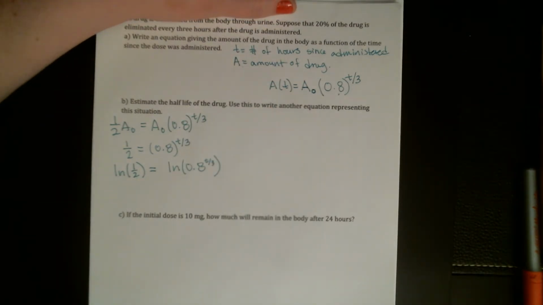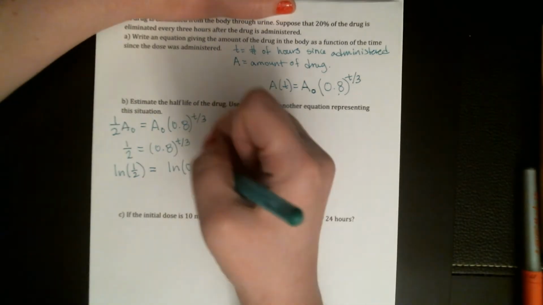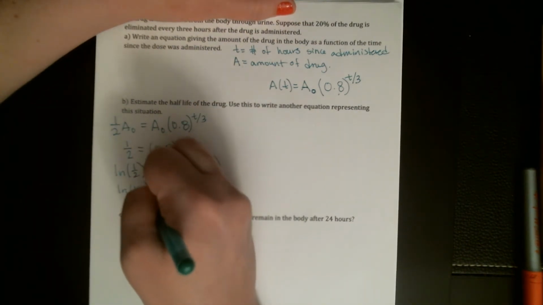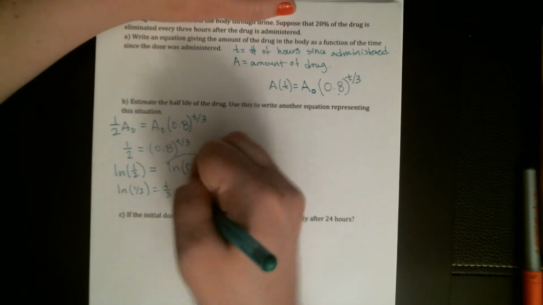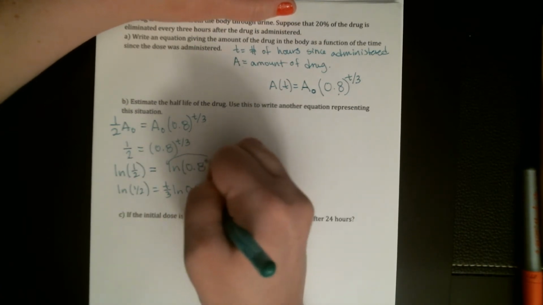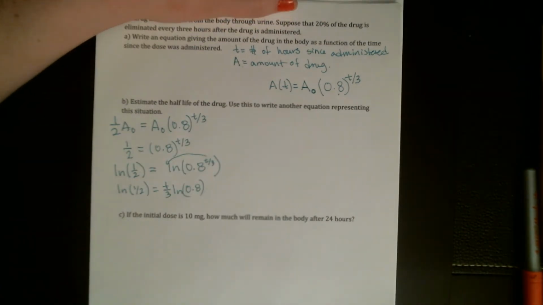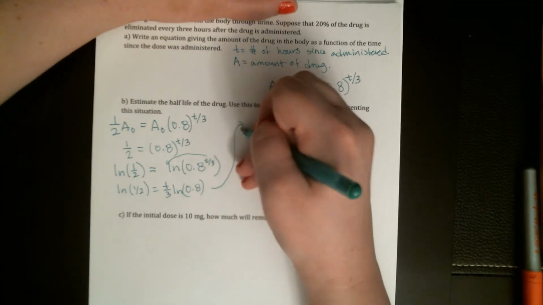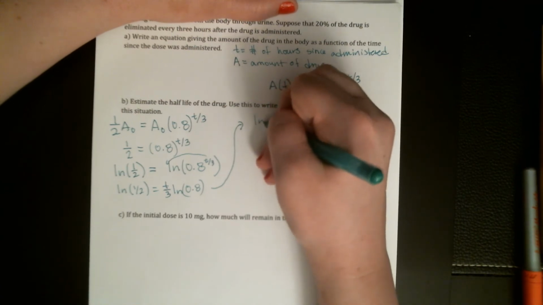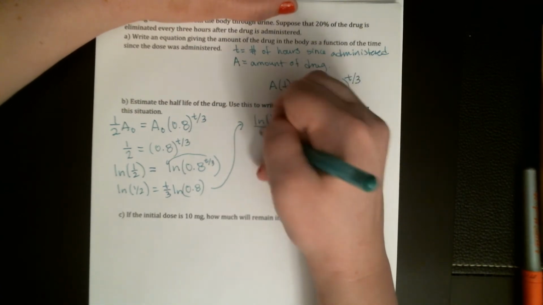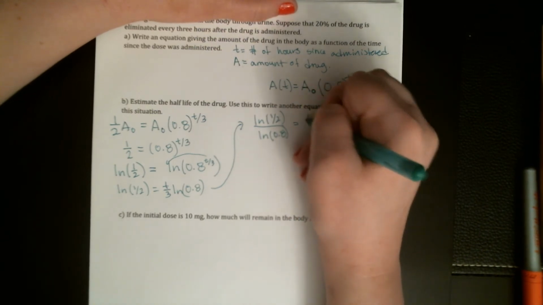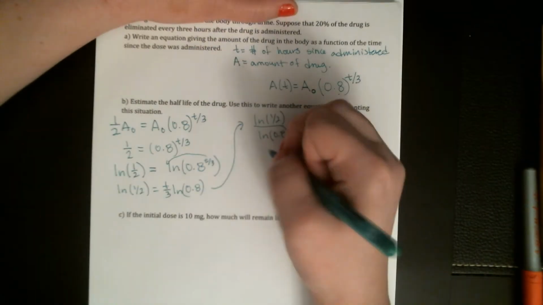Okay, so I'm taking the natural log of both sides. I'm going to then move the T over 3 down to the front. Let's go ahead and divide by the natural log of 0.8. And then we can multiply it by 3.